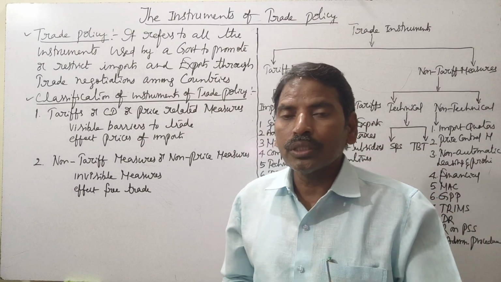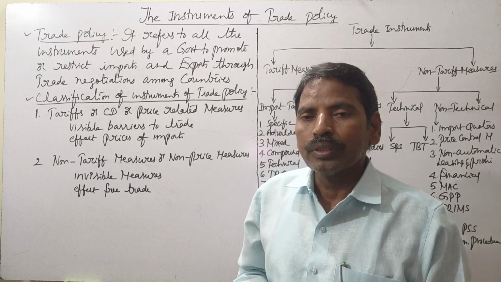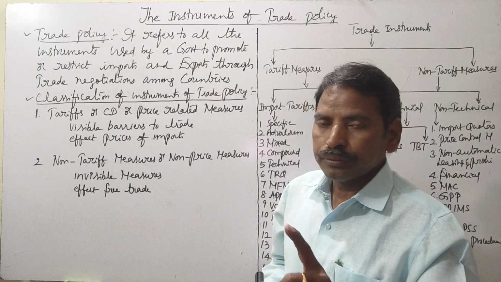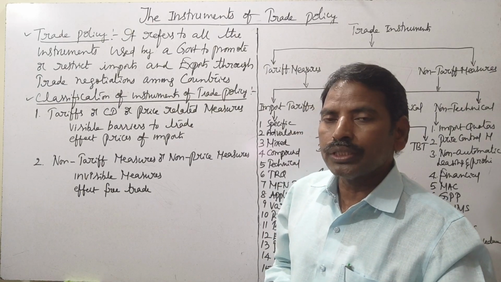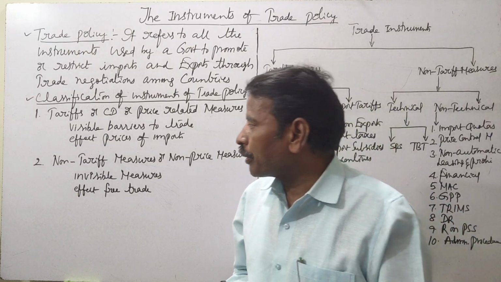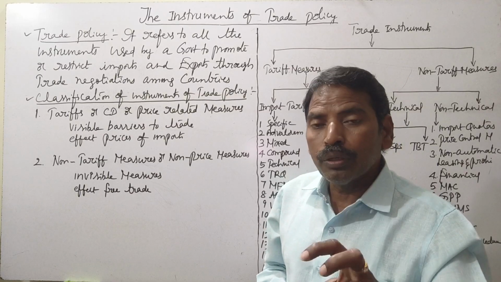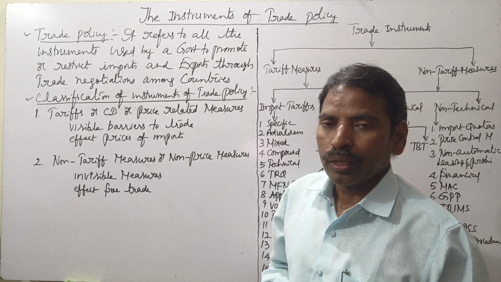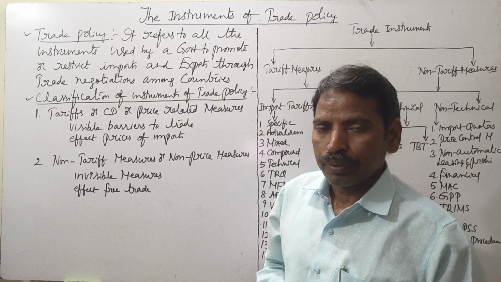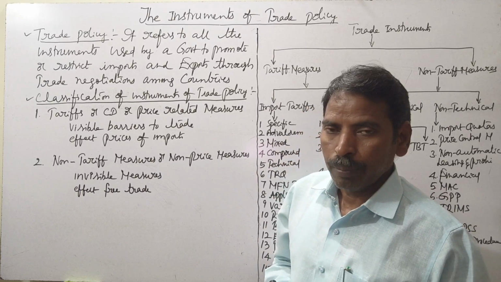So the instruments of trade policy can be broadly categorized into how many categories? That means two categories. One is tariffs or customs duties or price related measures. Those are visible barriers to trade, and they have an effect on the prices of imports.